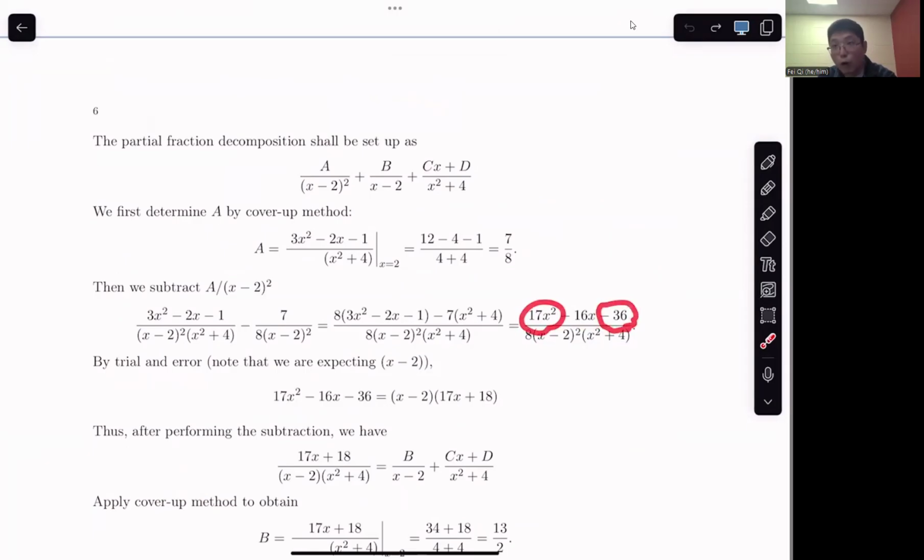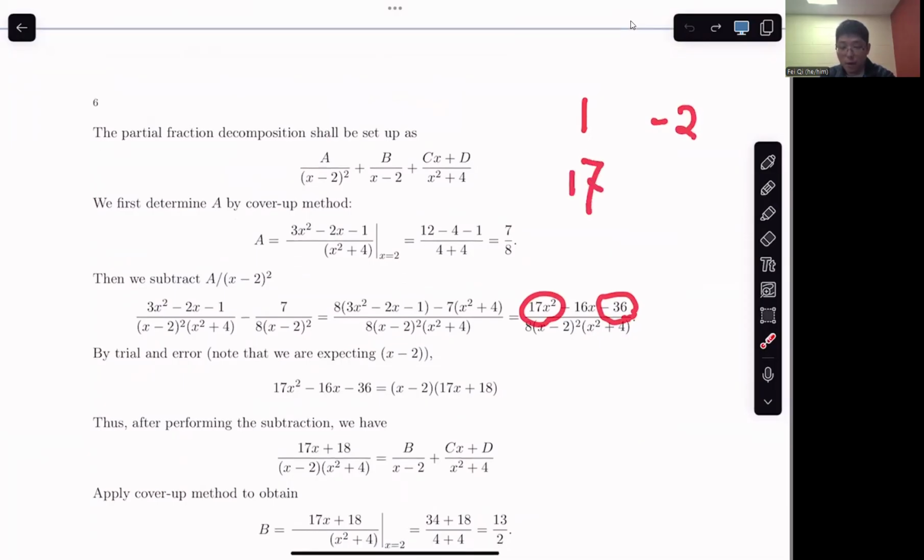But I know that I'm supposed to have x minus 2 as a factor. So in the trial and error, I am supposed to have 1 and minus 2 as one of the factors. But then 17 divided by 1 would just be 17, and minus 36 divided by minus 2, I am getting positive 18.